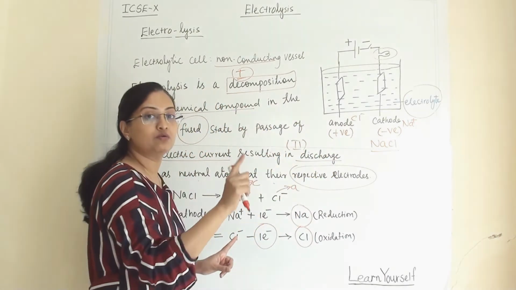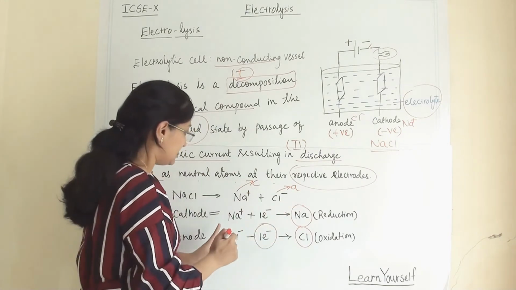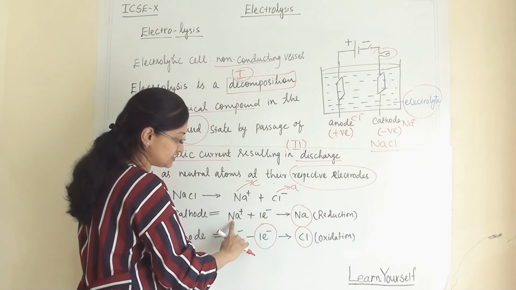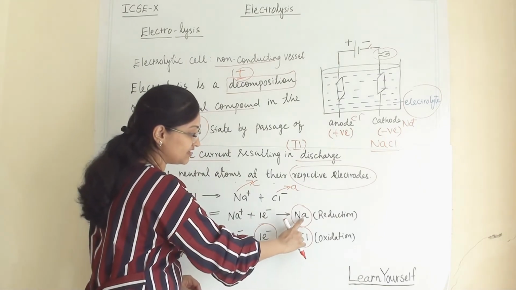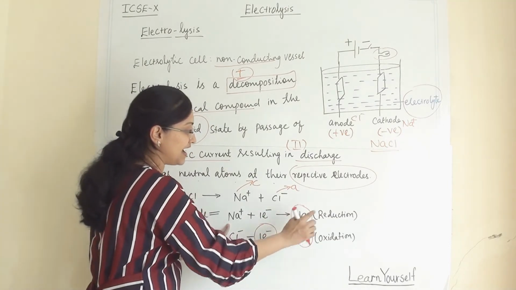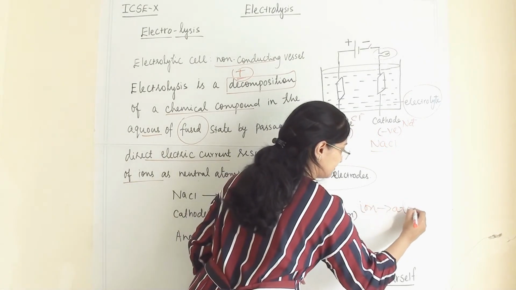That's why they move towards the opposite electrodes. Here the Na plus positive ion will take one electron and become a neutral sodium atom. From ion it will become atom.